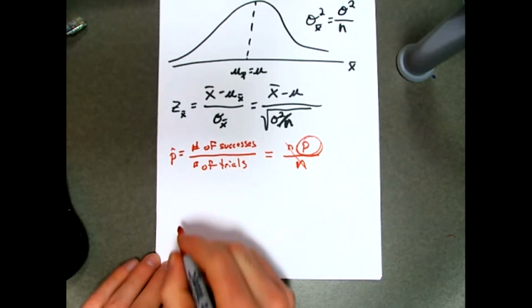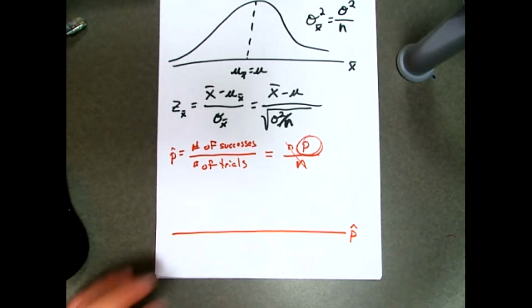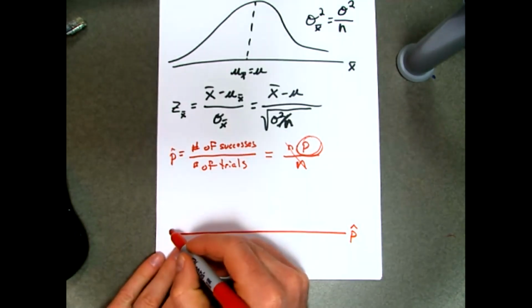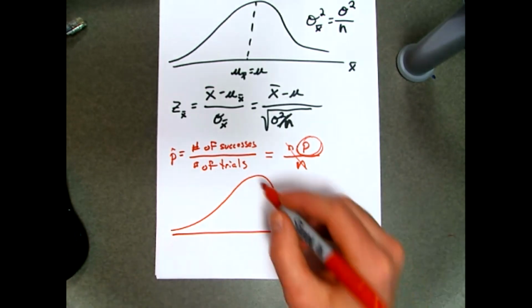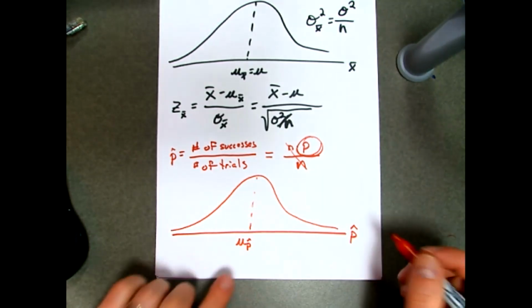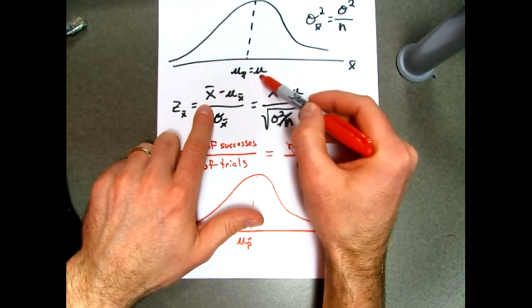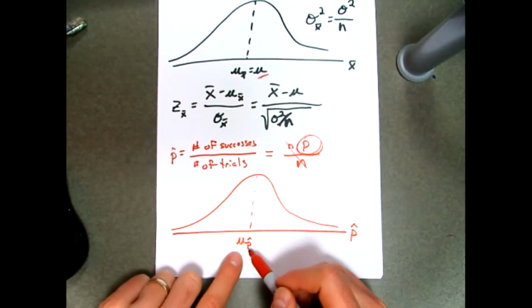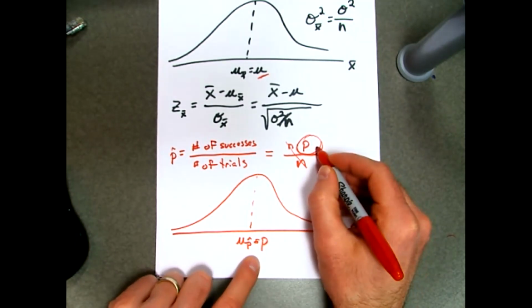Now the distribution of sample proportions, if I'm looking at the number of successes out of the number of trials, has to be between 0 and 1. But between those values, if we get a sample size over 100, it should be normally distributed. The mean of our sample proportions should be centered around, just like the sample mean distribution was centered around the true mean, the true population proportion.